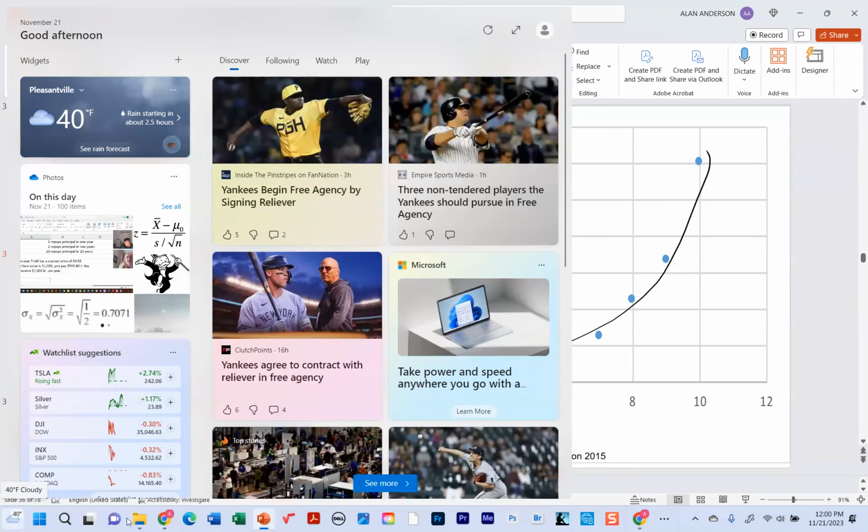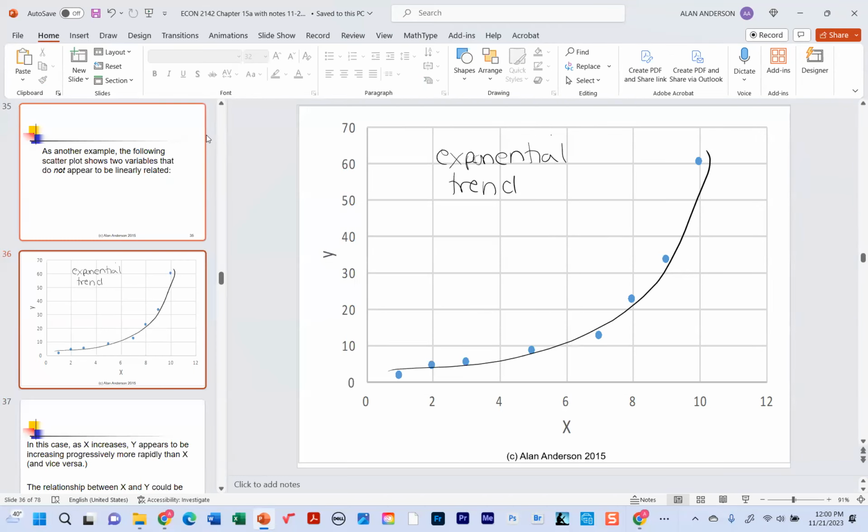And that's something you do not see with a linear relationship. So the slope rather is getting steeper as x increases. That means it is not linear.